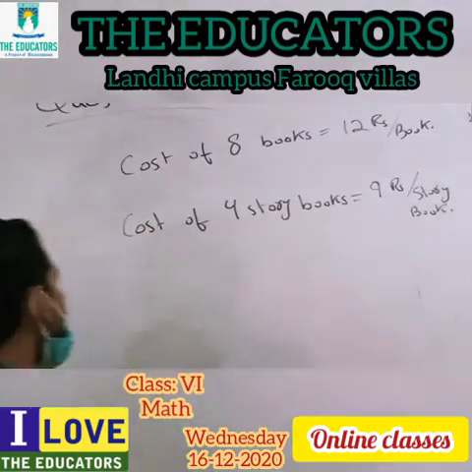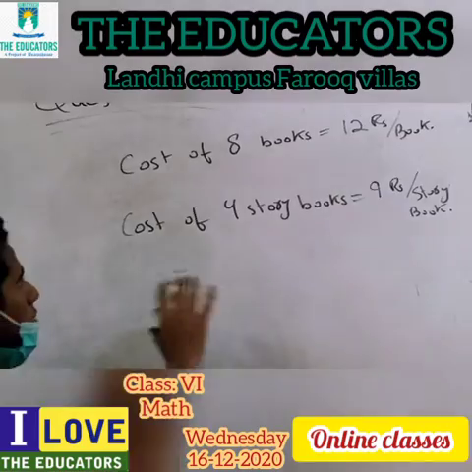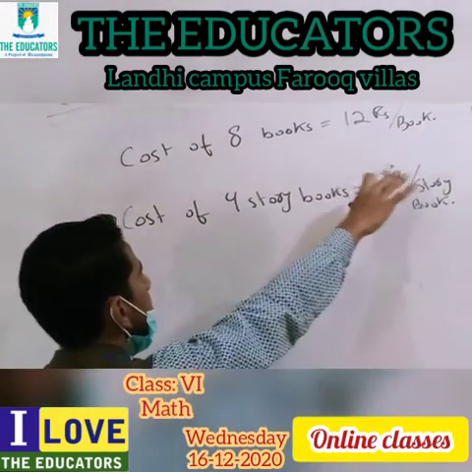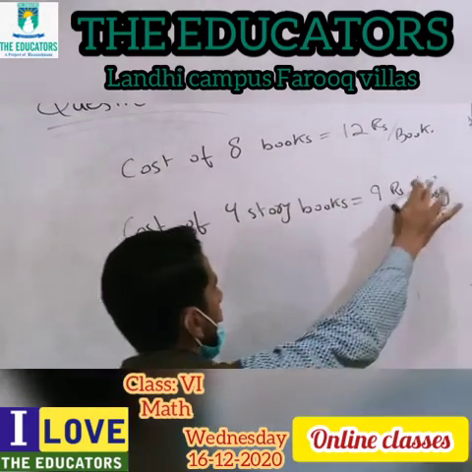Okay, so here that's the data for this question: cost of 8 books is 12 rupees per book, and for 4 story books we have 9 rupees per story book.